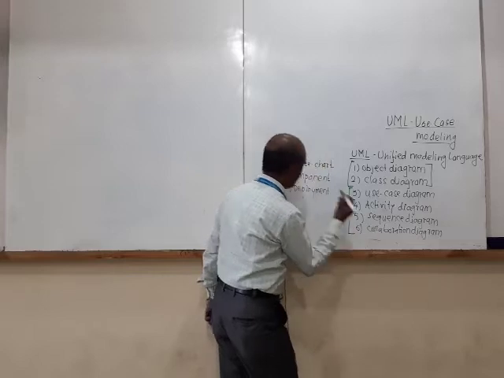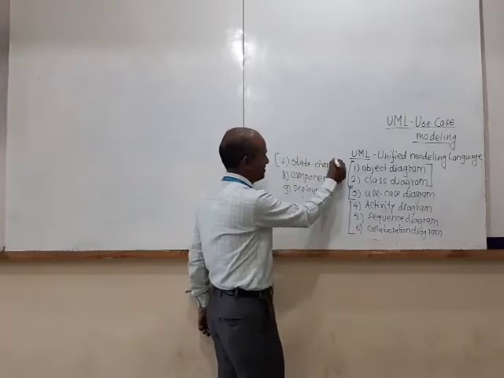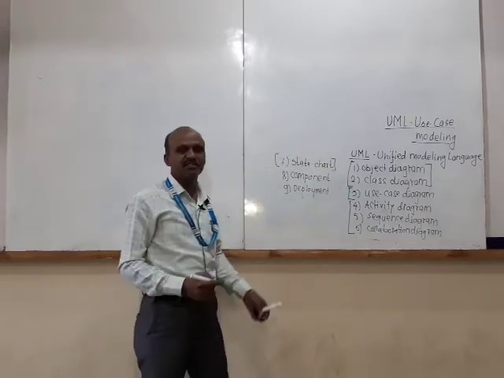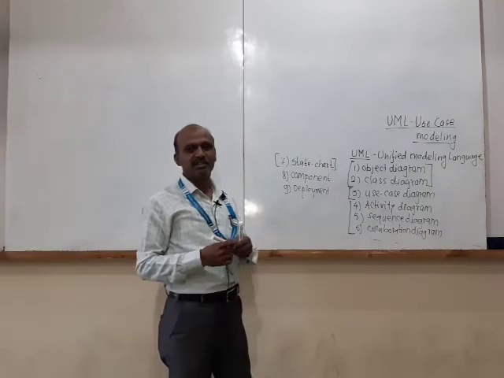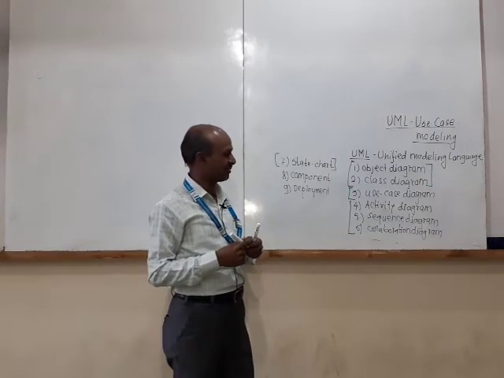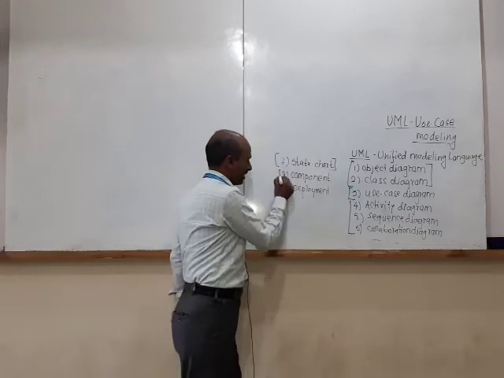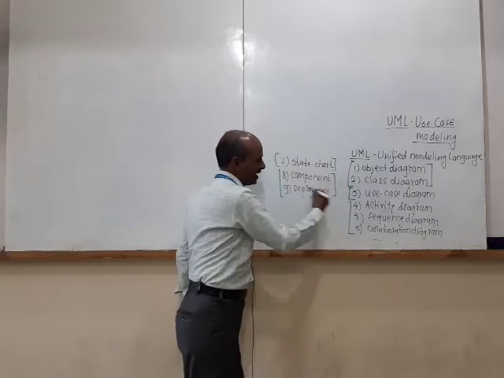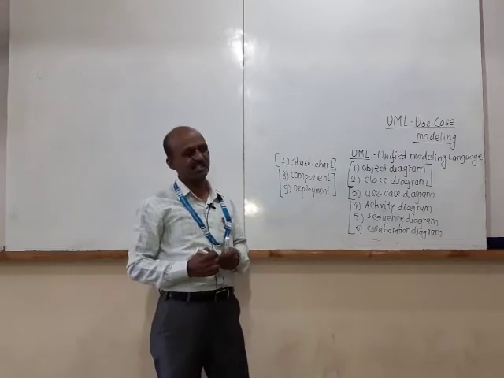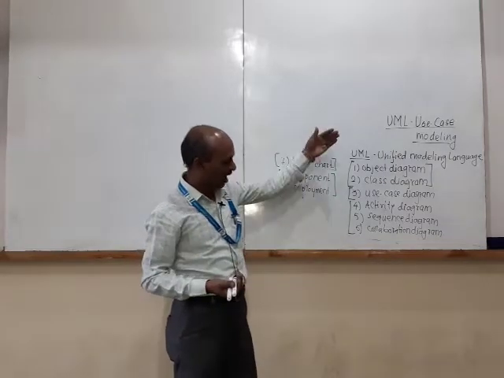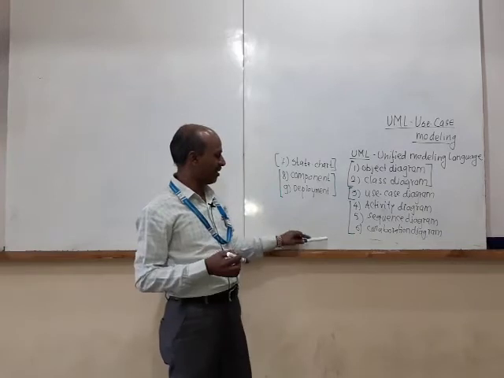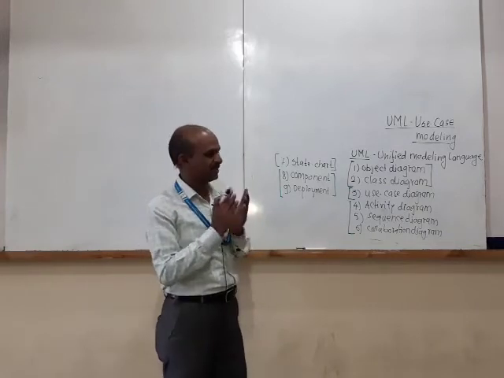These 4 diagrams cover the dynamic view of the system, sometimes called interaction diagrams in UML. And these 2 diagrams cover the implementation view of a system. So all these 9 diagrams cover all the views of a system.